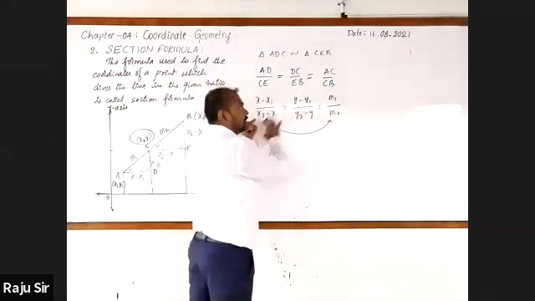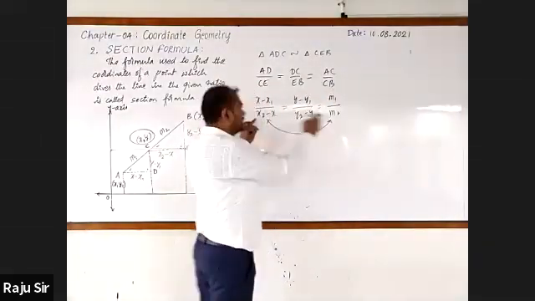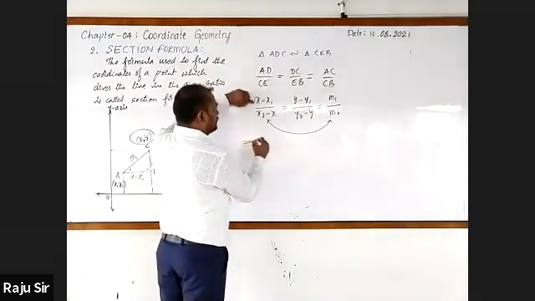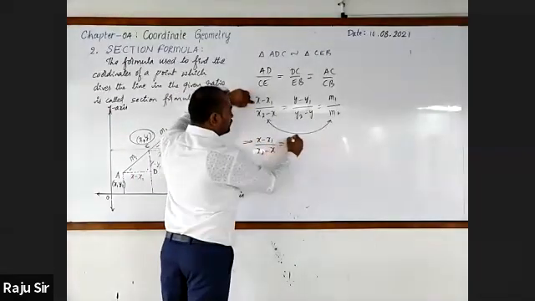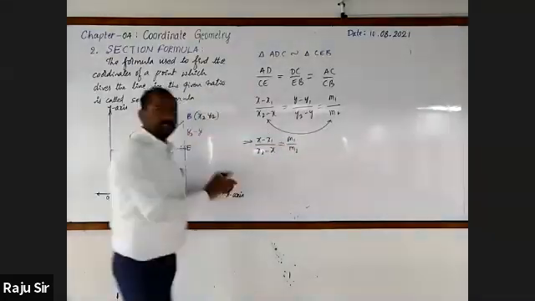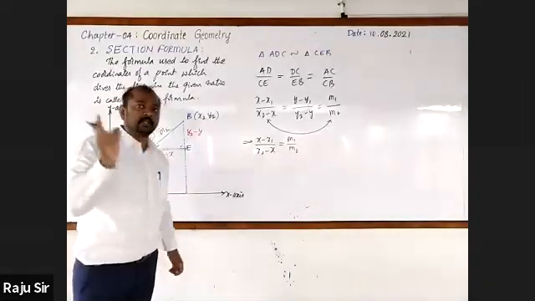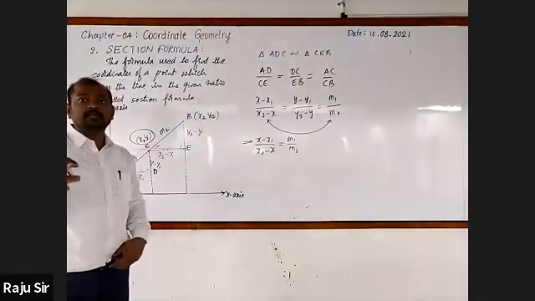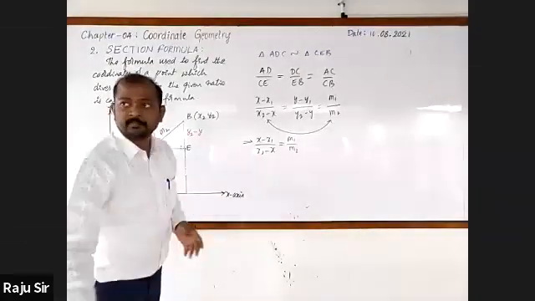Then A1 by A2 is equated to a constant, B1 by B2 is equated to a constant. In the same way, here I write X minus X1 by X2 minus X is equal to M1 by M2. Using this, let us find out X. Please don't copy anything. Till then you just keep on observing.